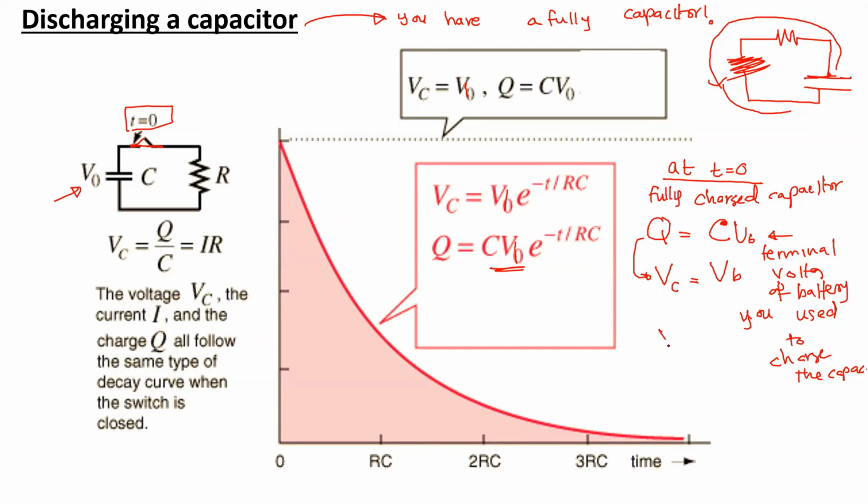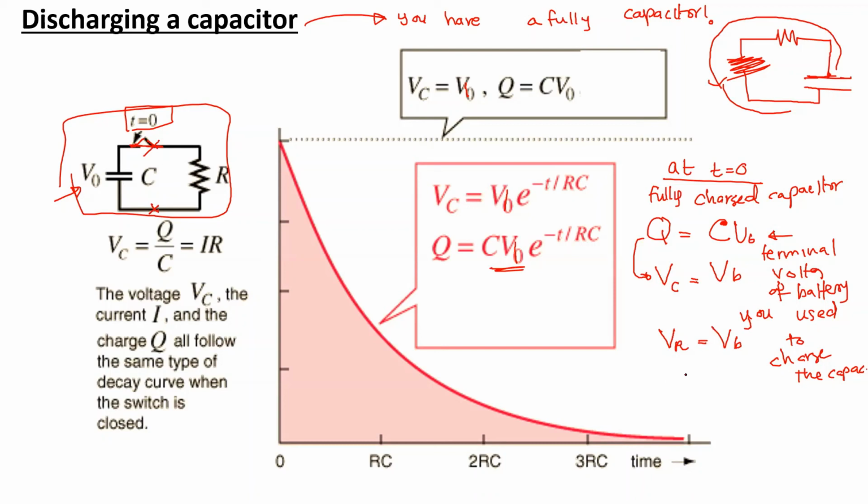What can you tell about the resistor? What is the voltage across the resistor? Here we don't have a battery in the circuit, so whatever the voltage across the capacitor is, that is the voltage across the resistor. So it is also VB. This is different from the charging case.